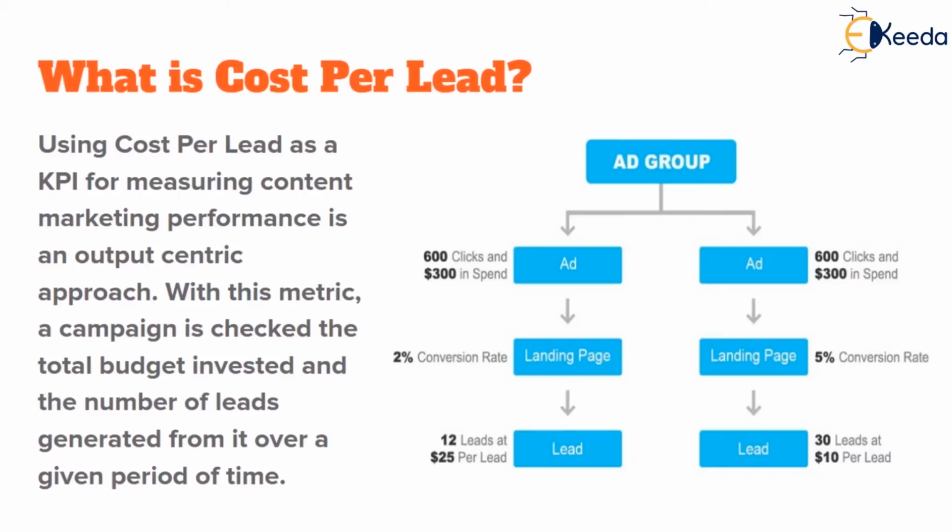If you compare this with ad number 2 within the same group, with the same kind of investment of $300 and the same number of clicks generated, it's possible that the landing page copy is more attractive and more relevant or meaningful to the customer, because landing page 2 is able to generate a 5% conversion rate.